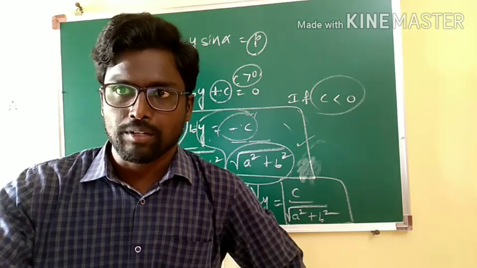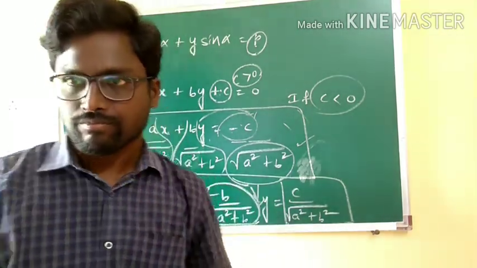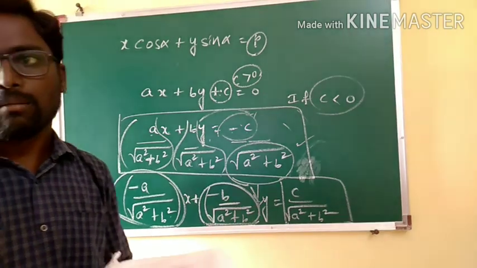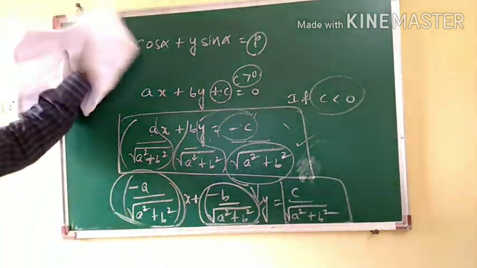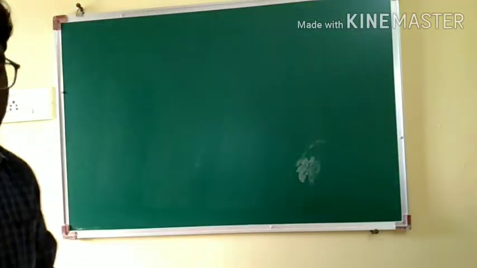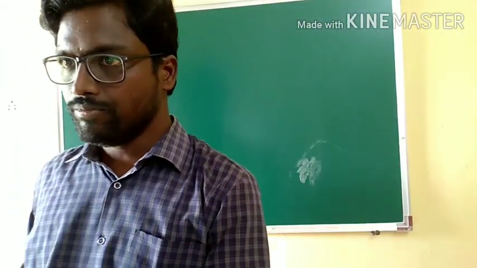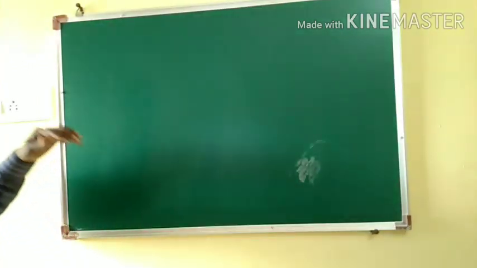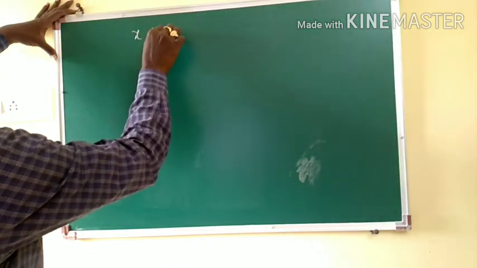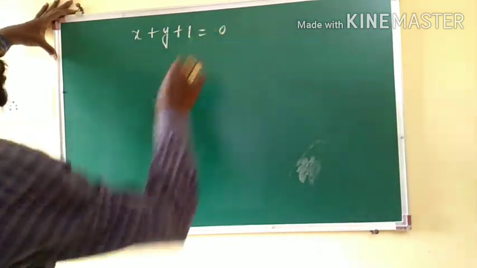Let me give you one problem here. Find the normal form of the equation x plus y plus 1 is equal to 0.